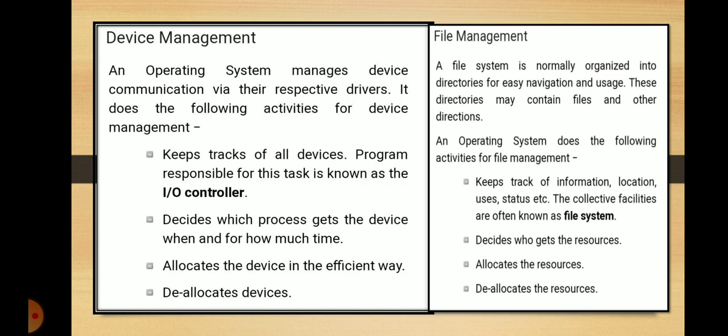File management. The operating system helps you to organize all data in files and folders and allocates space for files on secondary storage devices as and when required. It keeps track of the locations of every file on the disk.